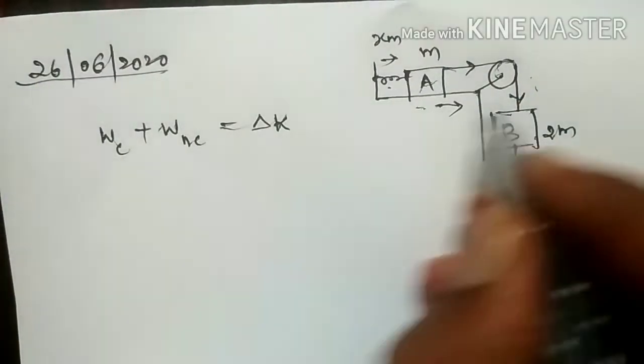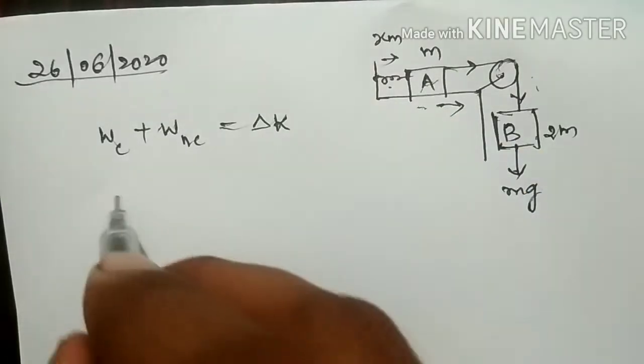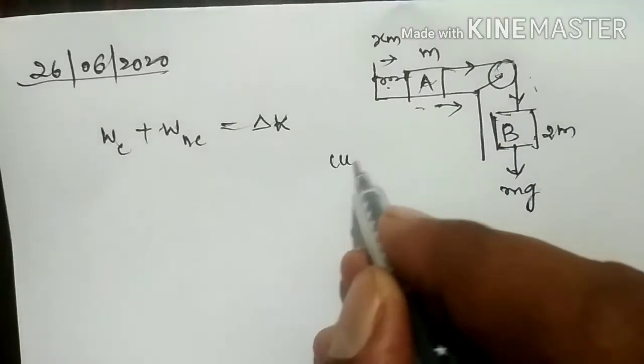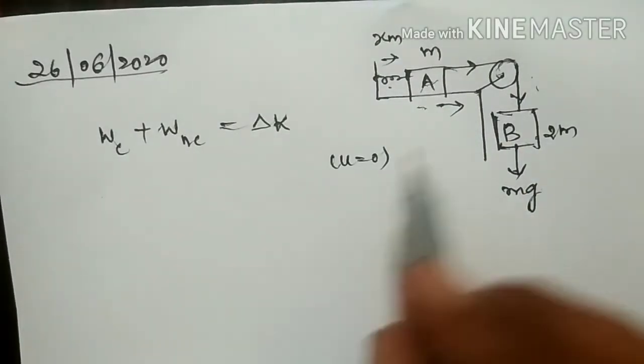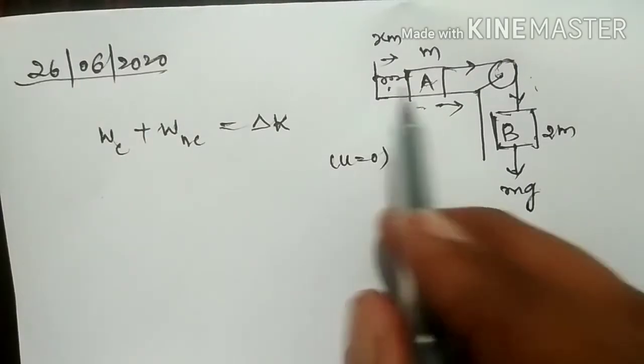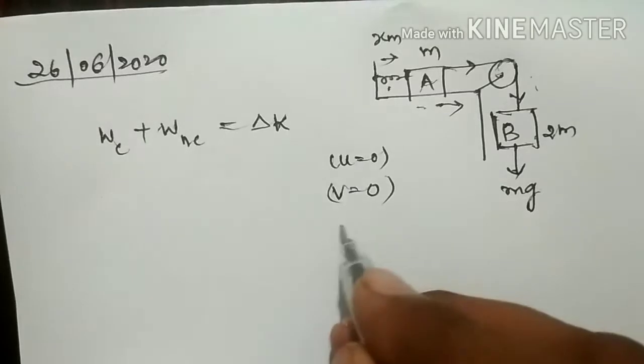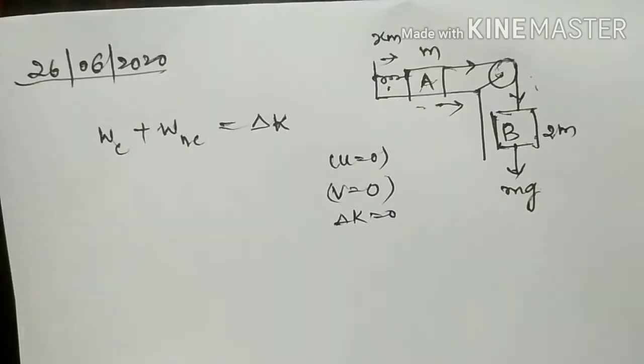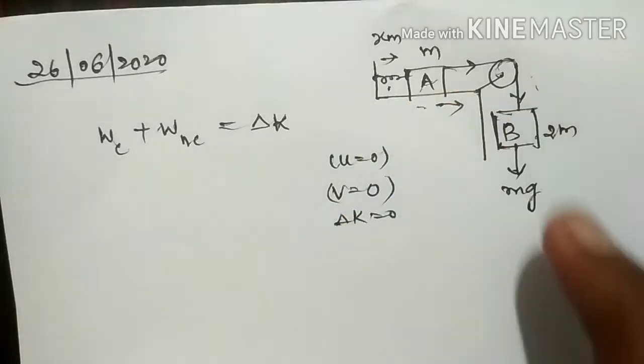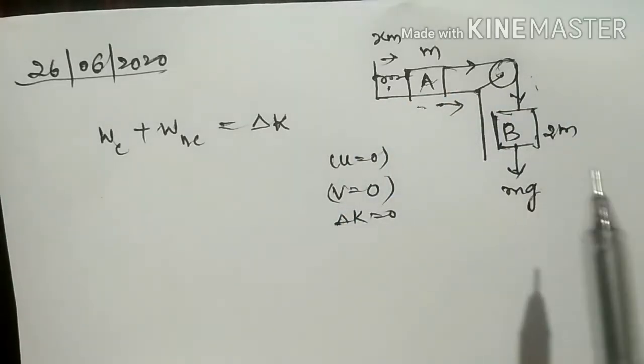So I am applying this for the system. The initial velocity is 0. When the expansion is maximum, again the system will come to rest, so the final velocity is 0. So delta K is also equal to 0. Next, are there any non-conservative forces? No. What forces are there?